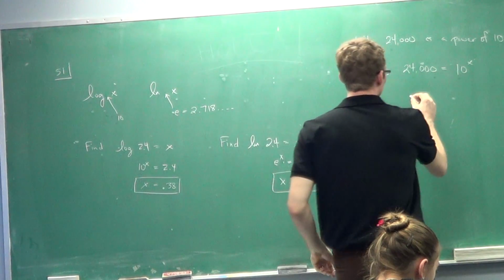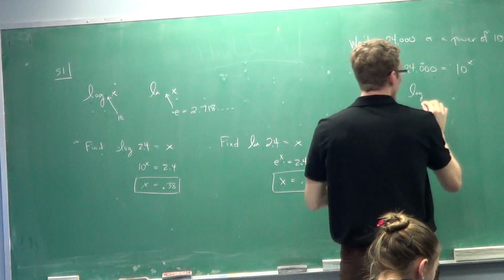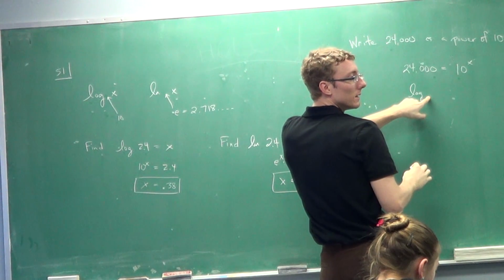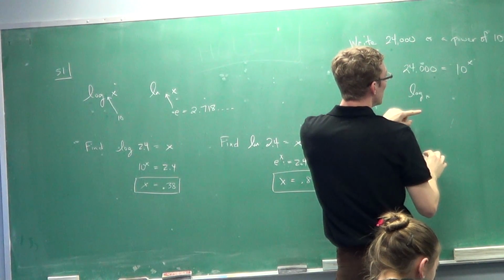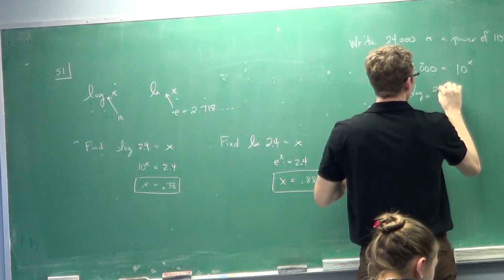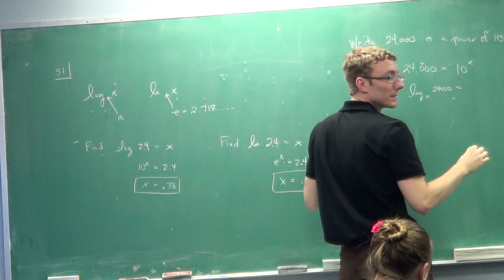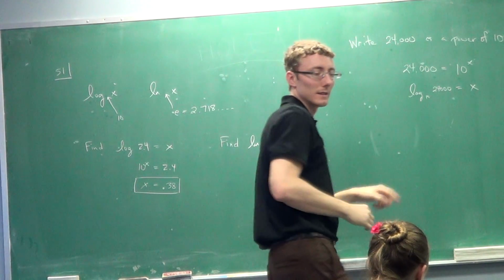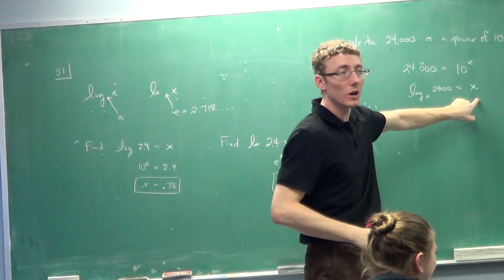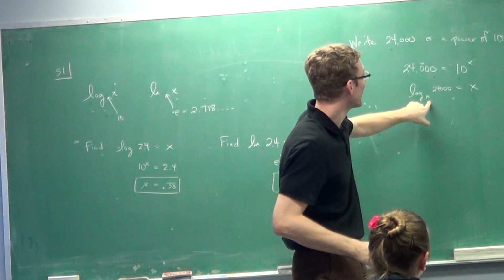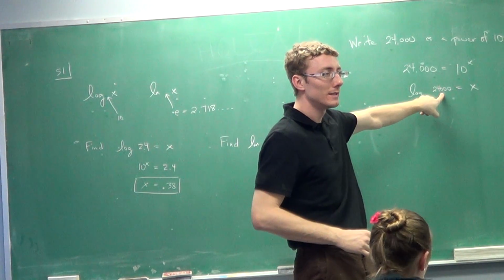If I rewrote it in logarithmic form, it would be log base 10 of 24,000 equals x. Aha! So the x, the unknown, is just log base 10 of 24,000.